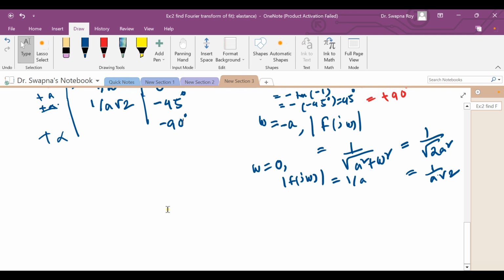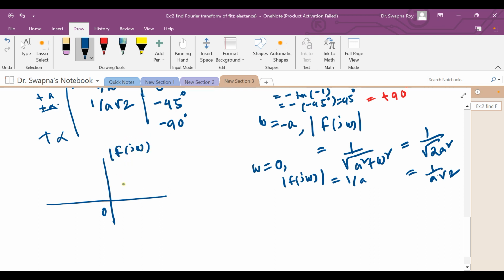So we can plot the magnitude plot and phase plot. At 0, the magnitude of F(j omega) is equal to 1 upon a. This is 1 upon a. This is minus a. This is plus a.